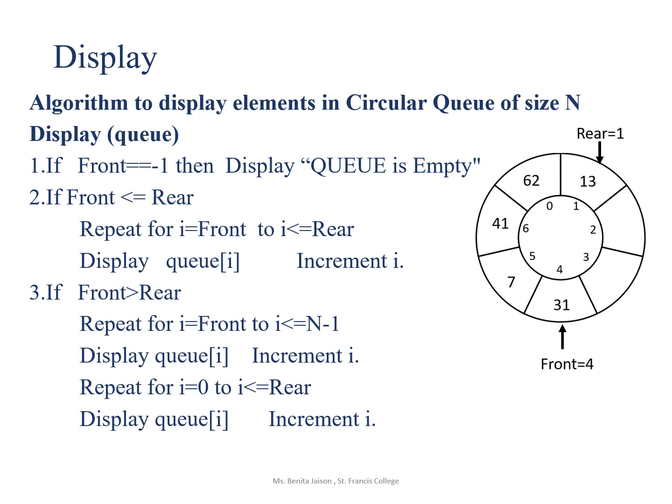So we can use an iteration for displaying the elements present in the circular queue, starting from front to the last position or the last index, which is nothing but n-1, where n is the size of the array, and then displaying each element present.